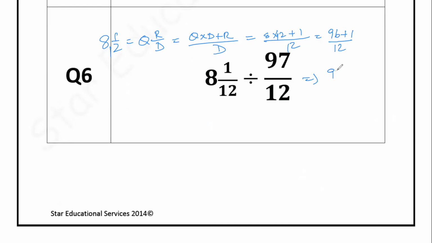So that is 97 over 12 divided by 97 over 12. And surprisingly, we have another one.